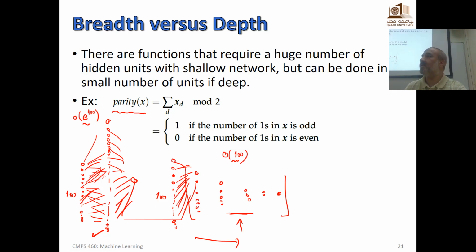I have a general question. Is there a limitation to the number of hidden layers? Very good question. Is there any limit on the number of units within the layer? Theoretically, no. But practically, of course, yes, because that means more computations.